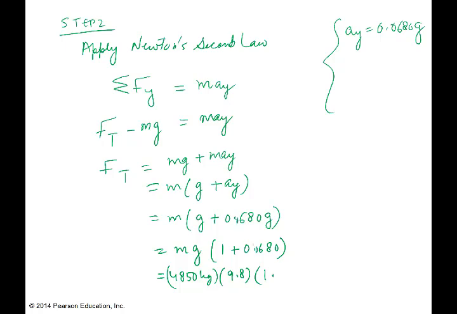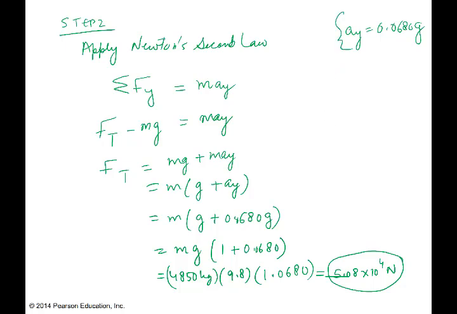I forgot to put a 0. 1.0680 because 1 plus 0.0680 will be 1.0680. So the overall answer for this comes out to be 5.08 into 10 to the power of 4 newtons. This is the maximum force. When it goes up, it exerts a maximum force.